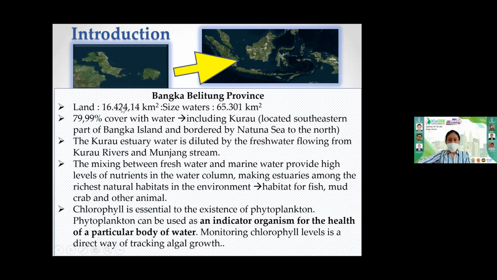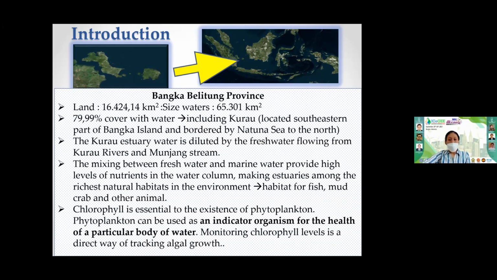There is also flow from the Munjang stream. The mixing between fresh water and marine water provides a high level of nutrients in the water column itself, making the Kurau estuary waters among the richest natural habitats in the environment.